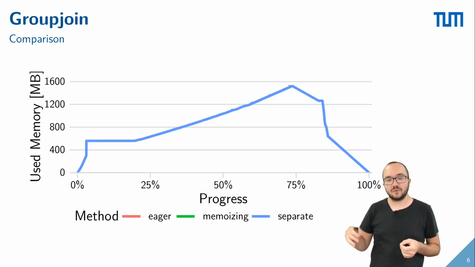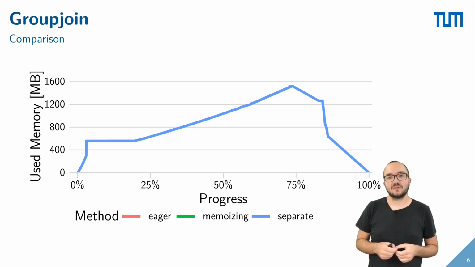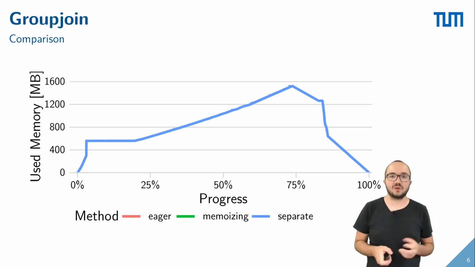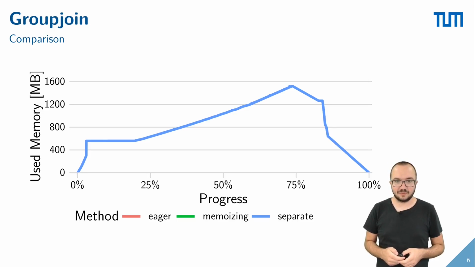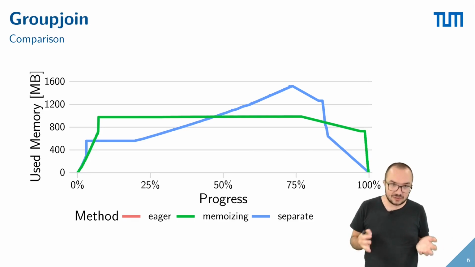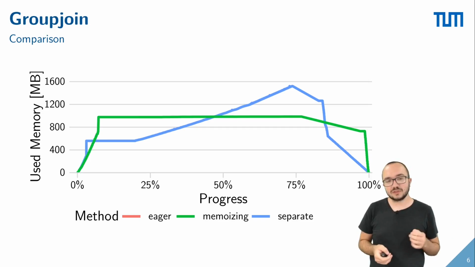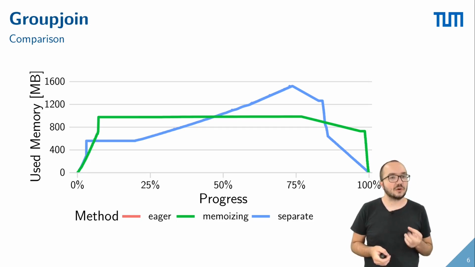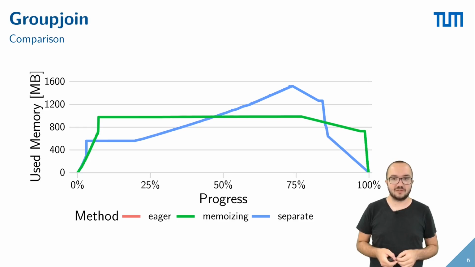Later on, when we probe through that join, we build a group by hash table that aggregates all the groups, which is another 1 gigabyte of memory. So we get a memory usage of about 1.5 gigabytes. In the memoizing case, we build a much larger hash table up front, which also stores the aggregates in place and only uses about 1 gigabyte of memory.